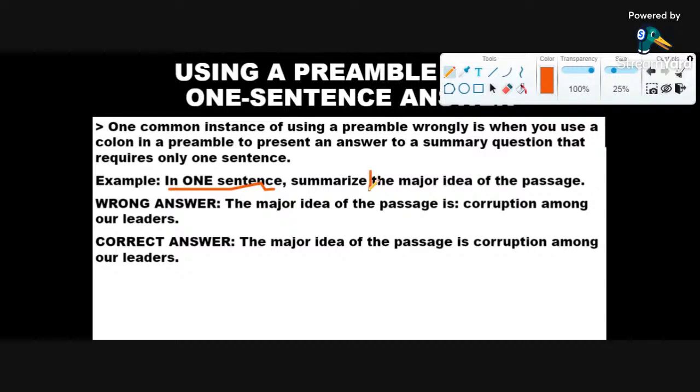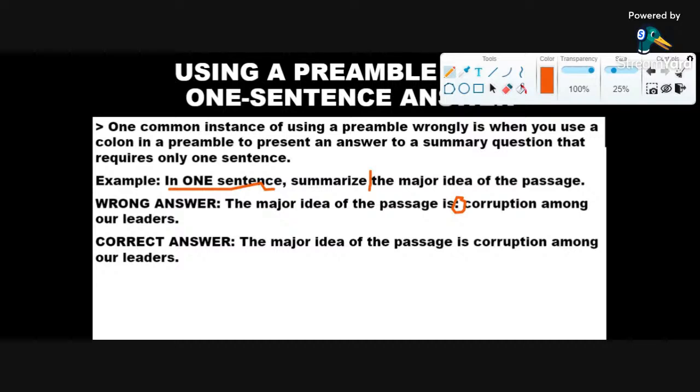You take part of the question and you begin from here and say, the major idea of the passage is, that's a preamble. And what follows is that major idea. But then it becomes faulty. It becomes incorrect when you put a colon here. That is one instance of using a preamble wrongly.